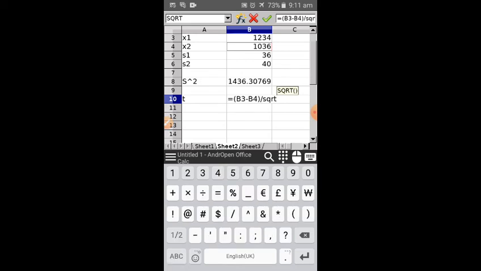It is the square root of s square into a bracket containing 1 by n1 plus 1 by n2, that is 1 by 8 plus 1 by 7. Close the internal bracket, add one more bracket for the square root, and then enter. Here I am getting the value of t as 10.094.